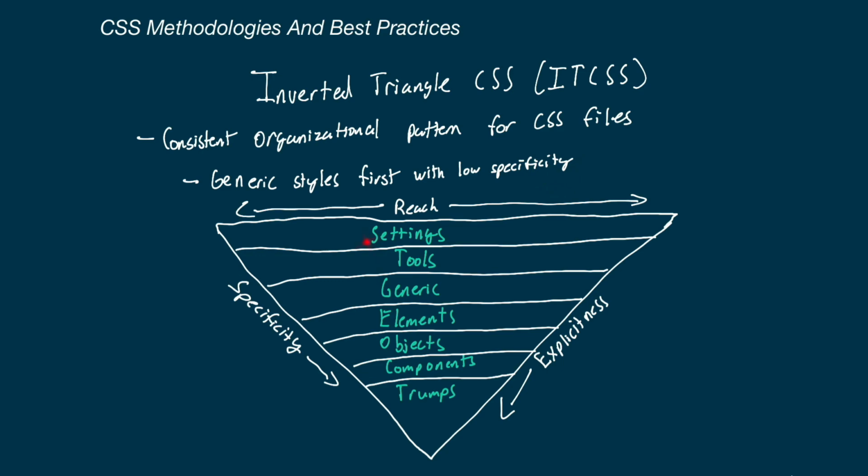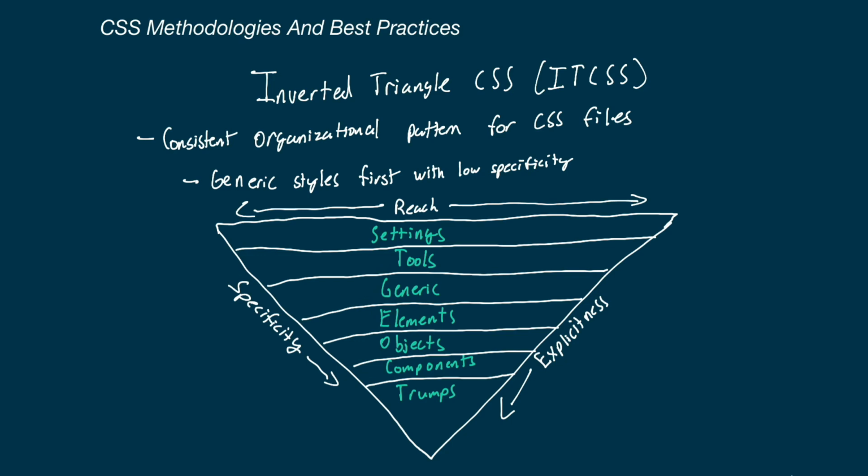At the top are settings, which are usually things like global variables that will affect the entire web page. These have the most reach, and they're both the least specific and the least explicit. Next, we have tools, which is mostly for mixins and functions if you're using a preprocessor that supports those. Up next, we have the generic layer, which is used for very high-level generic styles.